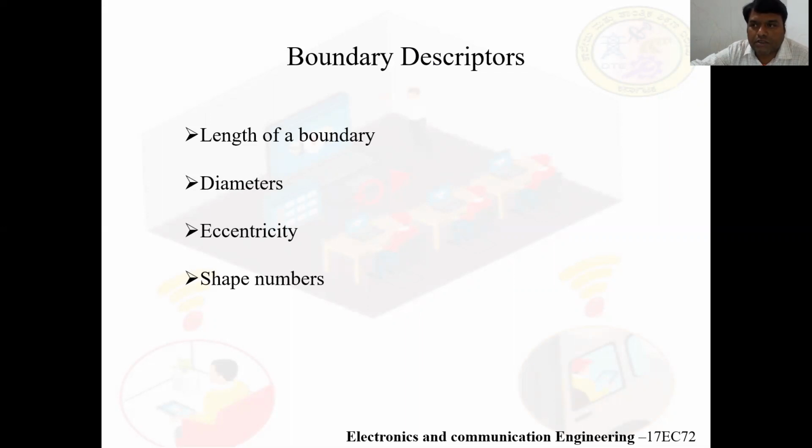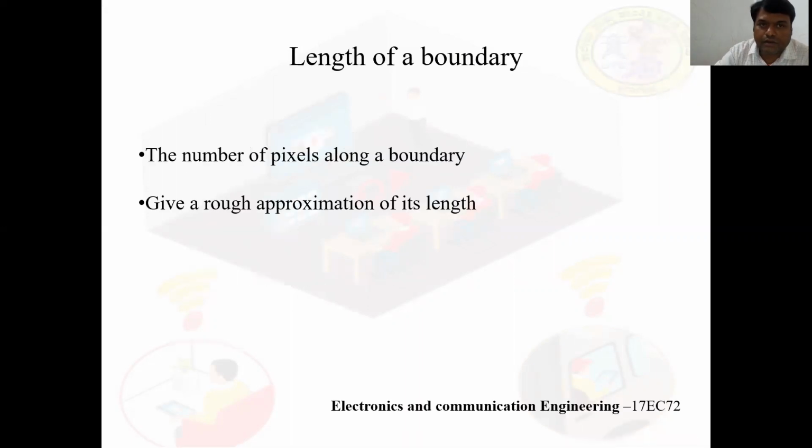Simple descriptors. Some of the simple descriptors used to describe a boundary are length, diameters, eccentricity, shape numbers. Length of a boundary. The number of pixels along a boundary gives a rough approximation of its length.